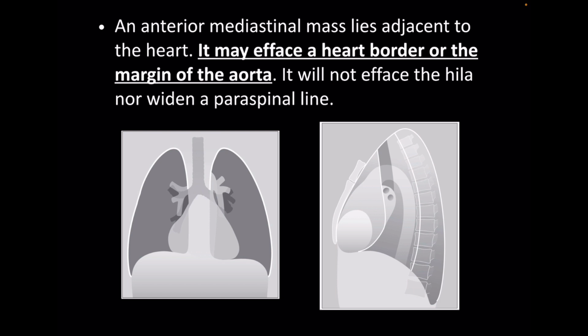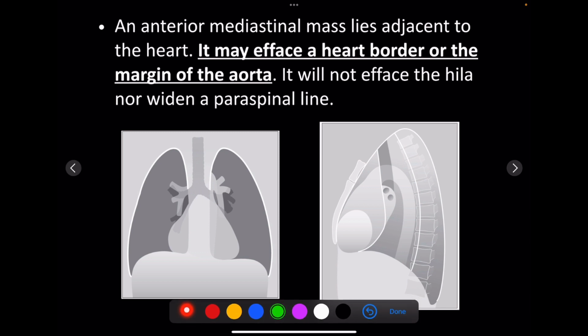Thymus is important. Whenever a mass is present, it can efface or outline the heart border and the ascending aorta. That is the point given here. It is effacing the heart border.